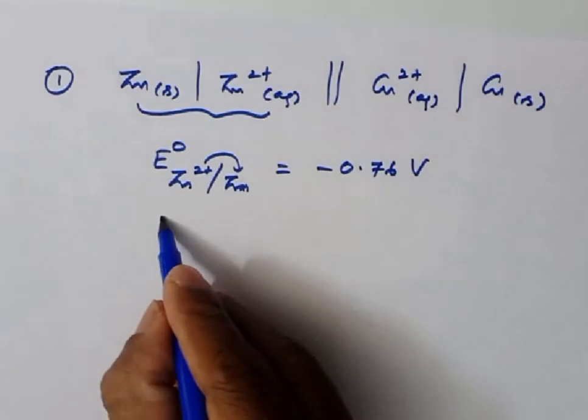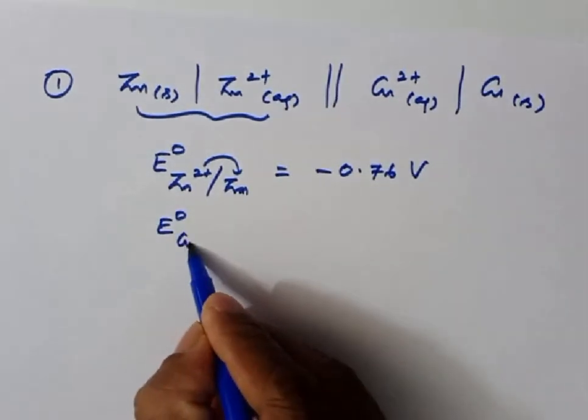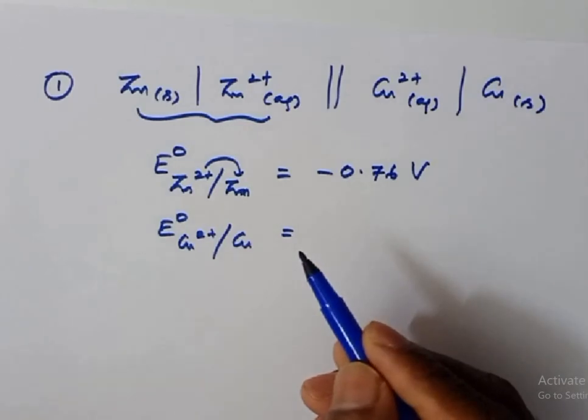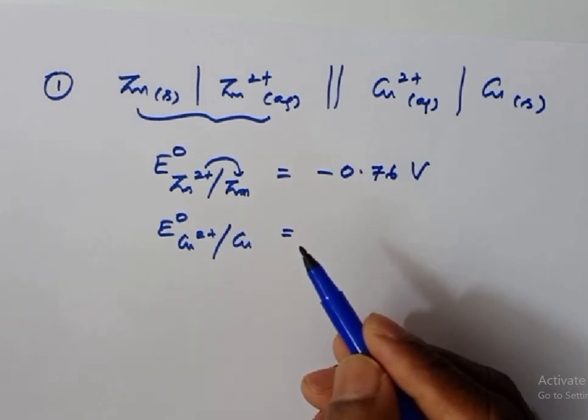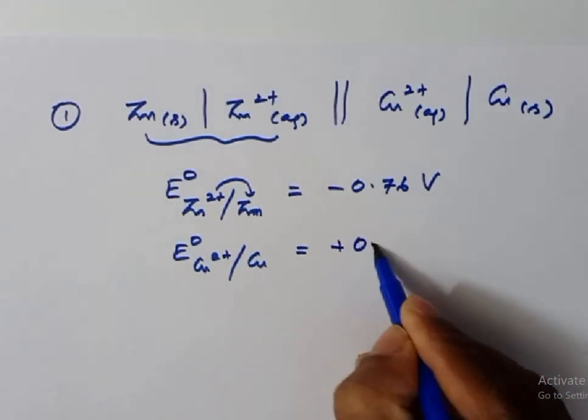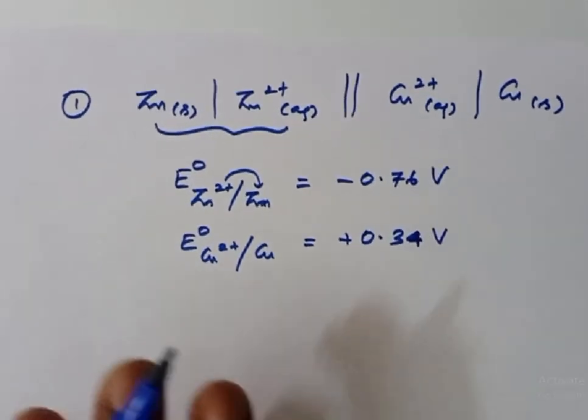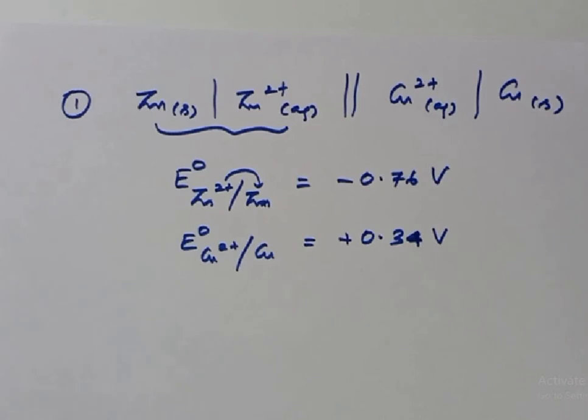And the reduction potential for copper, Cu2+ becoming Cu, is plus 0.34 volt. Students, I have taken the values from the standard reduction potentials available.